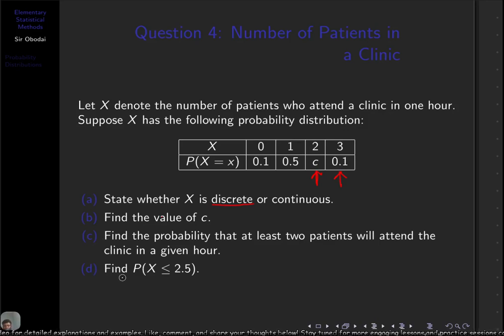We want the probability that our random variable X is less than or equal to 2.5. So once again, we refer to our table. In our table, which of the random variables satisfies being less than or equal to 2.5?